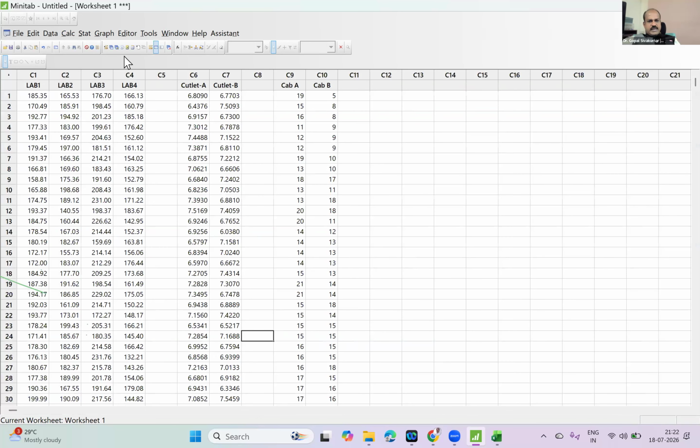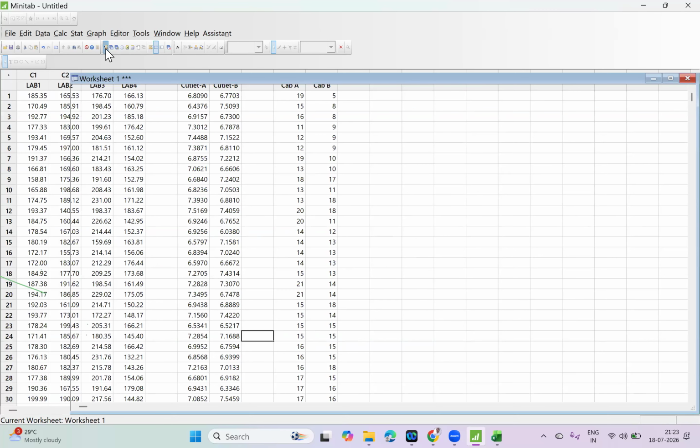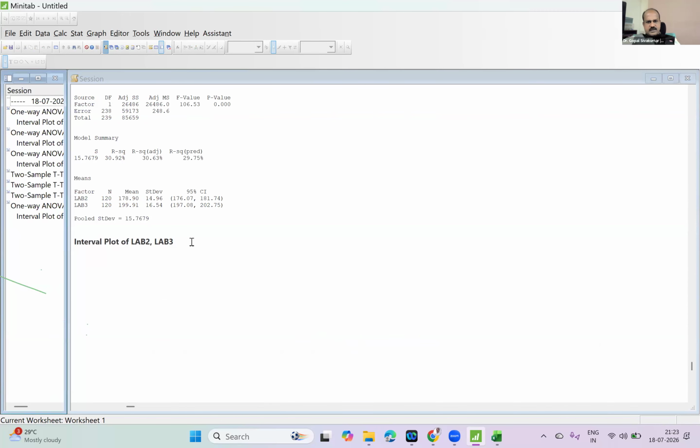Now, for any laboratory to set up in my hospital, the requirement is the TAT of the test should be, let us say, less than or equal to 175 minutes.